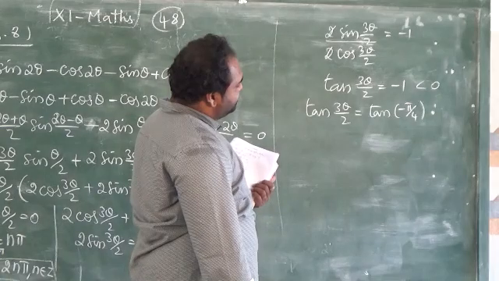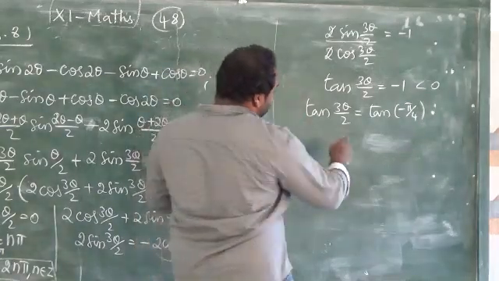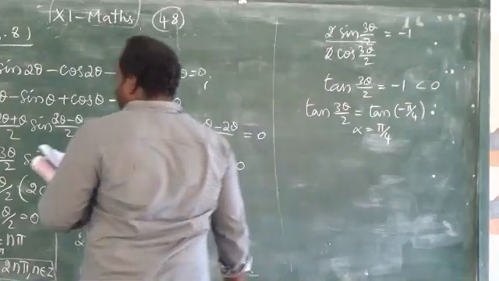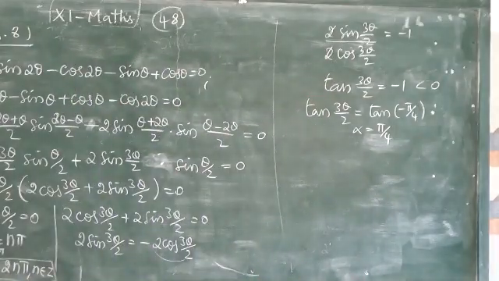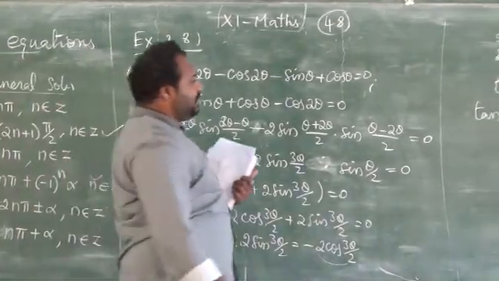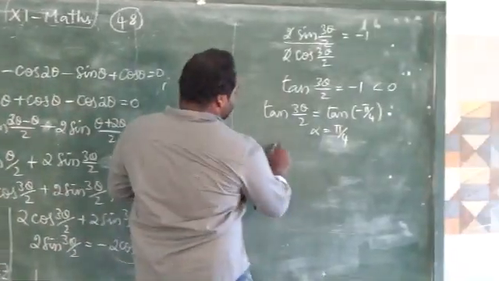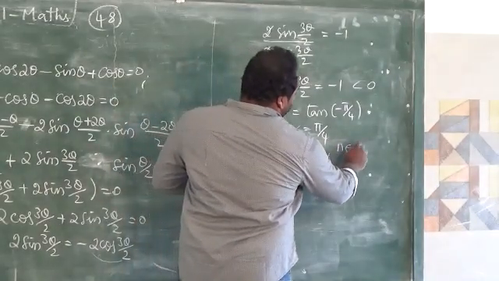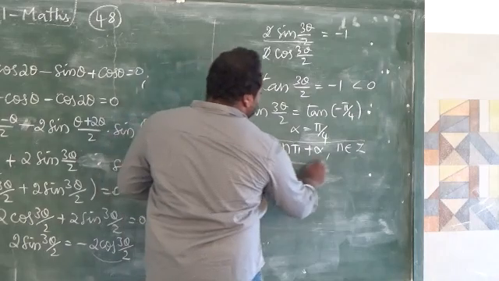Angle value is minus pi by 4, so alpha is equal to pi by 4. Tan theta equal to tan alpha. The formula is theta is equal to n pi plus alpha. So theta formula is n pi plus alpha, n belongs to Z. Use this formula.